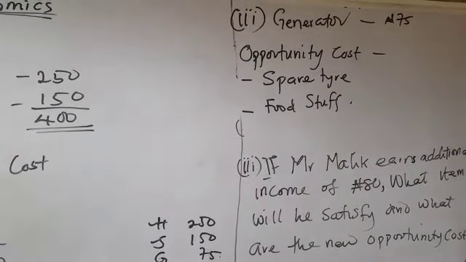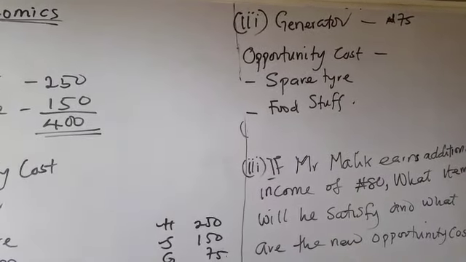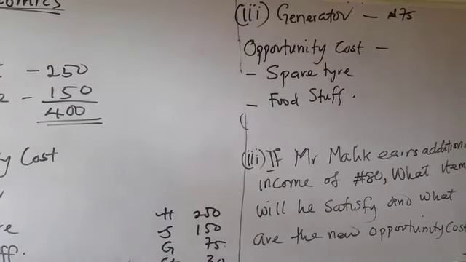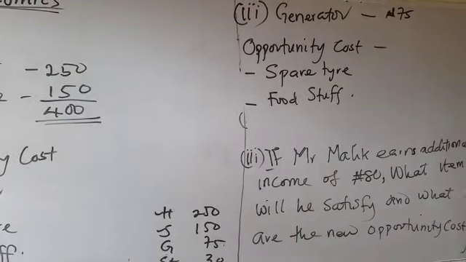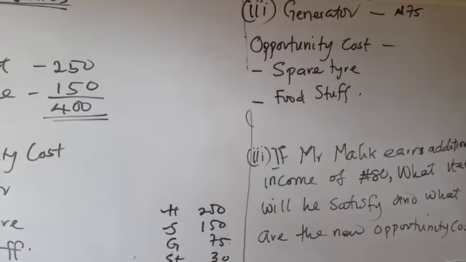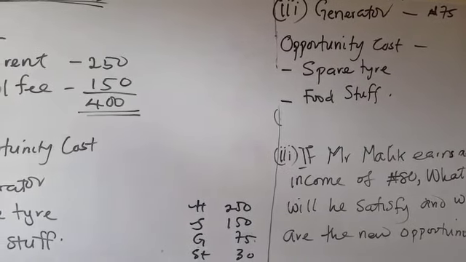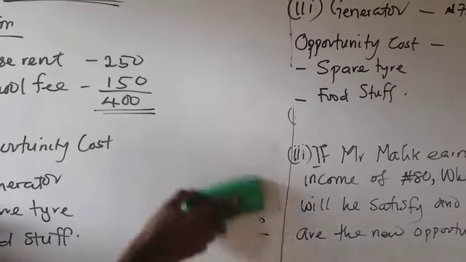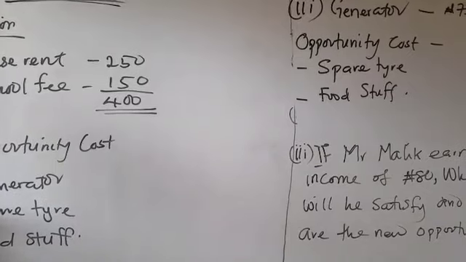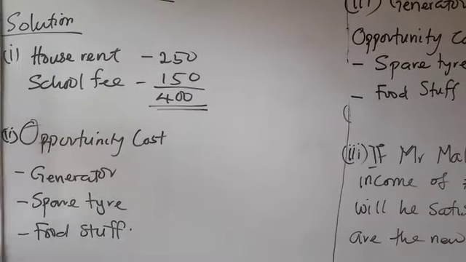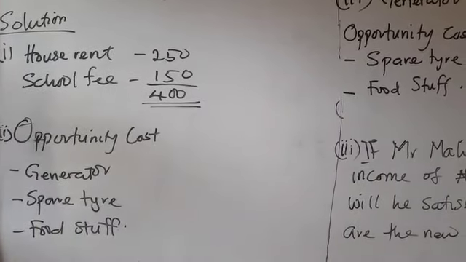So sometimes you have this kind of question, and you can simply get it right if you understand the concept of opportunity cost and the concept of the scale of preference. I think with this we'll be able to understand how the scale of preference serves as an instrument for us to make a rational decision.